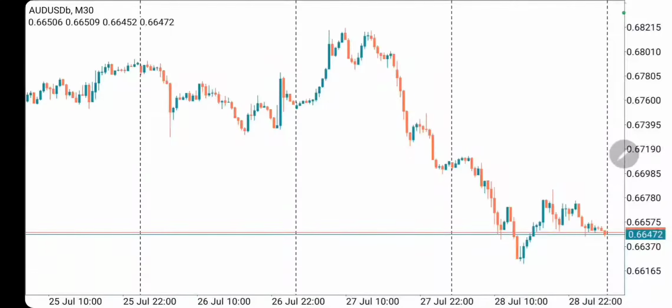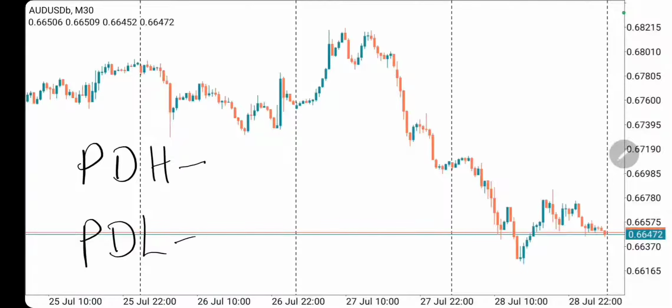All right, so now you have the previous day's high and the previous day's low. Now the previous day's high is actually the highest price that the market sold within a day. All right, the highest price that the market has sold within a day.